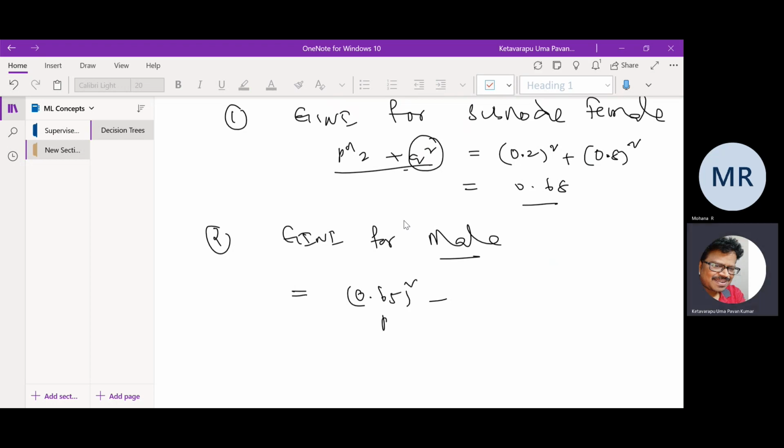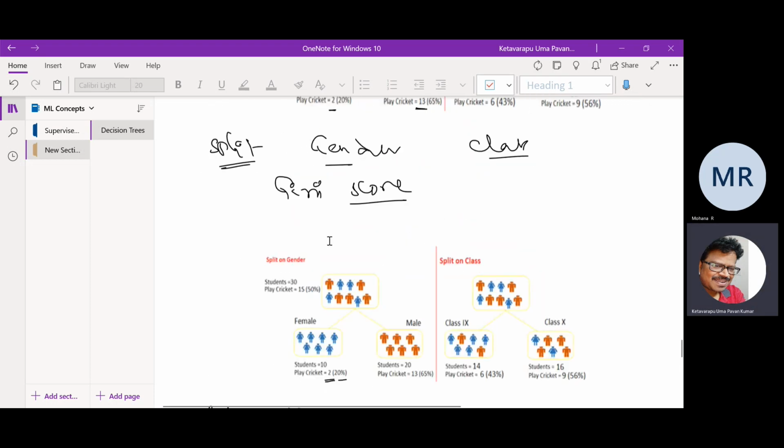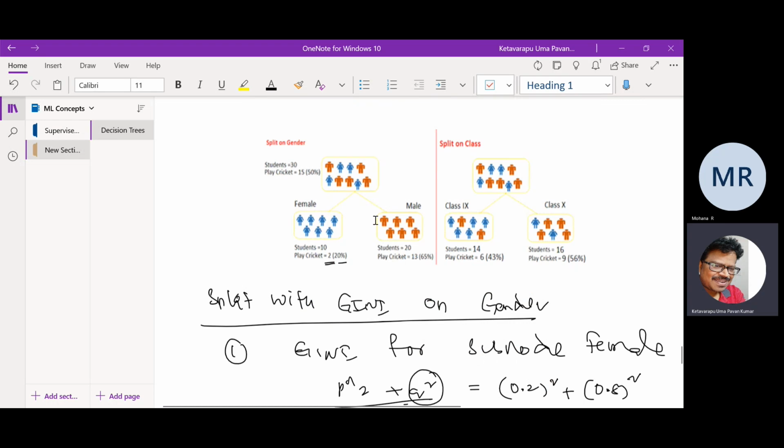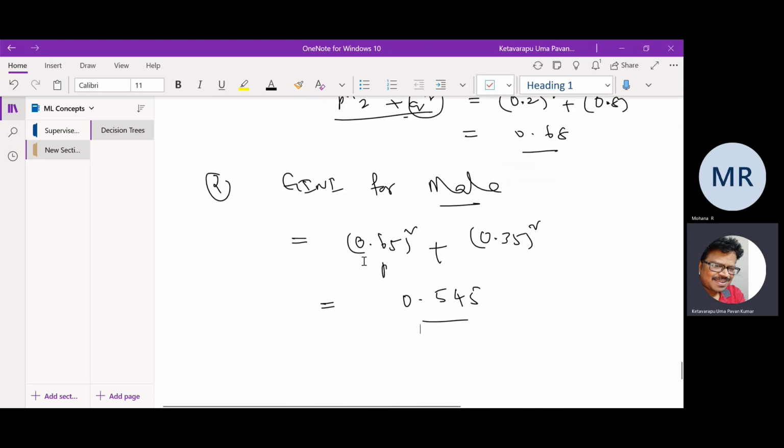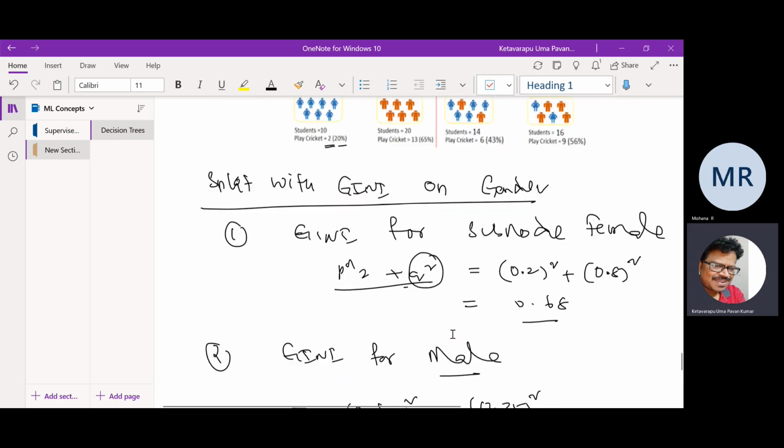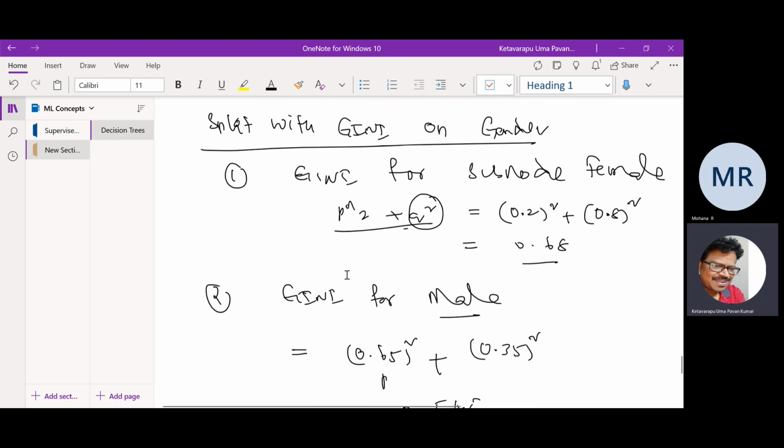This is the P value, plus 1 minus 0.65, that is Q, 0.35 whole square. And the final value is 0.545. See how simple it is. First, we need to consider the corresponding gender, and then you can specify the Gini value for male as well as female. But here the story is not ending, friends.